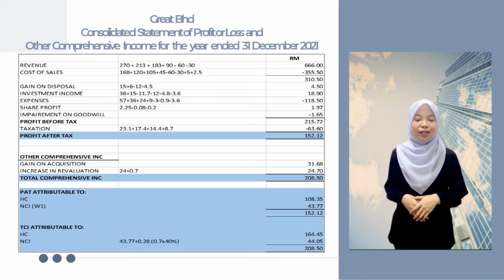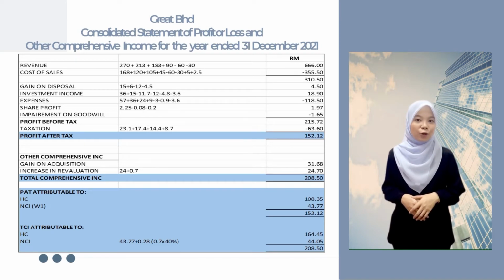Regarding the TCI attributable to the NCI, 44.05 million was calculated by adding the PAT NCI portion of 43.77 million with the NCI portion of the current year revaluation of 0.28 million. Finally, the holding company's share in TCI of 164.45 million was assessed by deducting the NCI of 44.05 million from the current year comprehensive income of 208.5 million.